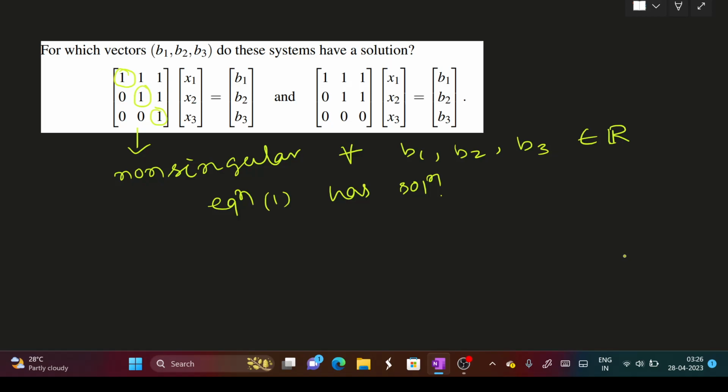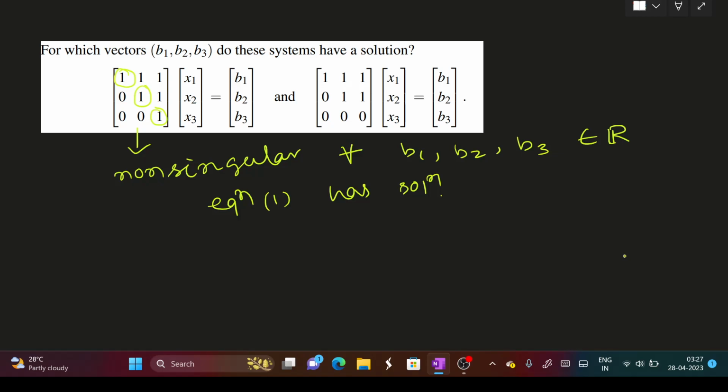So x2 is what? x2 is b2 minus b3 and x1 is b1 minus x2 minus x3. Substituting will get x1. So here it has full set of pivots. And this system of equation has solution for every value of b1, b2 and b3.